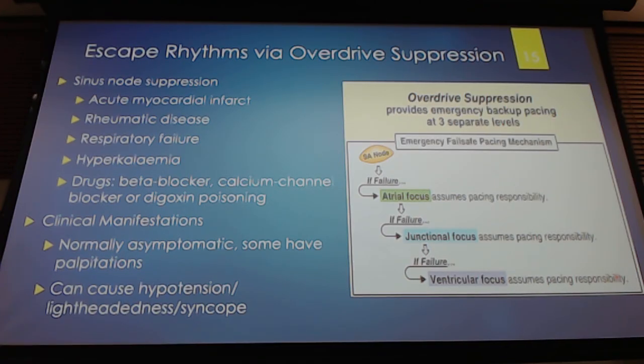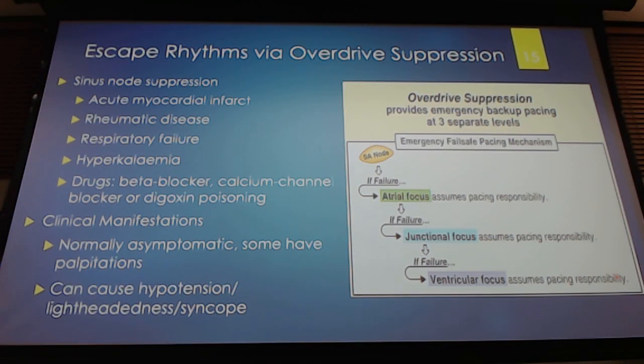We have escape rhythms. We know that if the SA node fails to fire for some reason, it could be suppressed from an acute MI like an RCA occlusion, rheumatic heart disease, or respiratory failure. Electrolyte derangement, most commonly hyperkalemia, and then medication, all of those can affect the SA node.